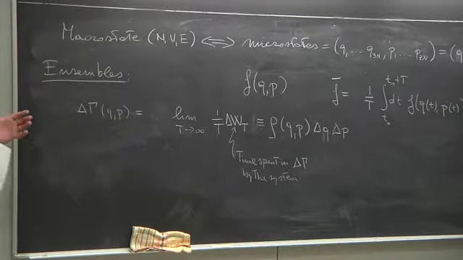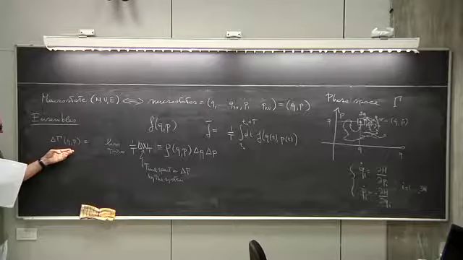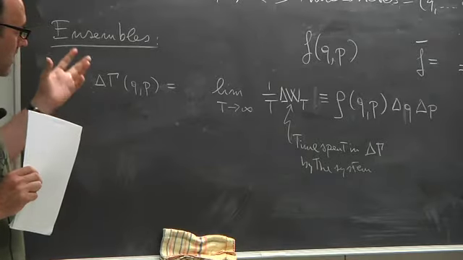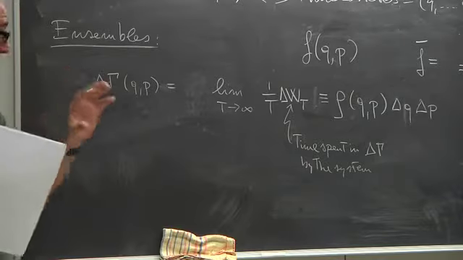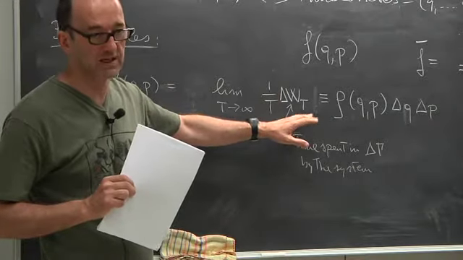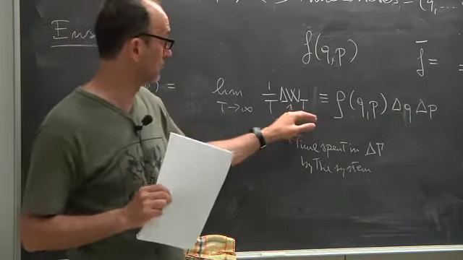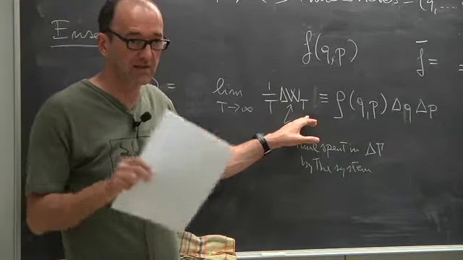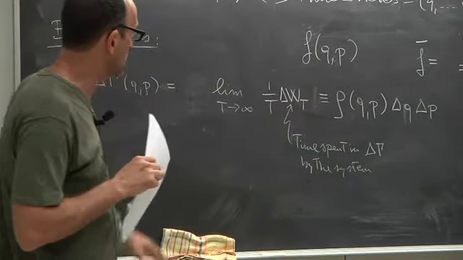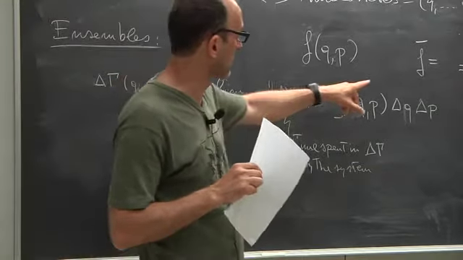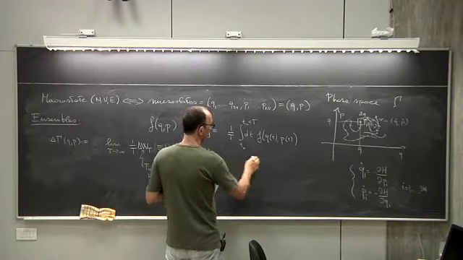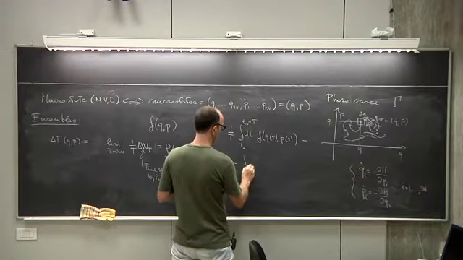Okay, so the idea is, if I can think of a distribution of points such that the density of these points is equal to the frequency with which my system passes close to each point in phase space, then I can turn all these time averages into averages over this density.